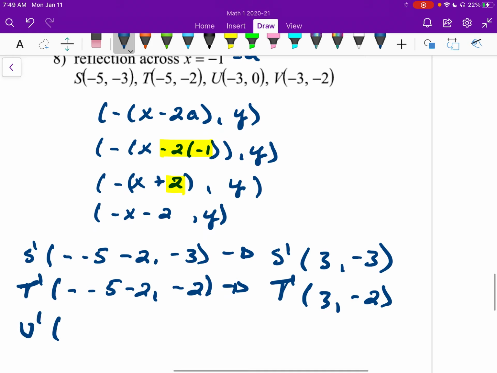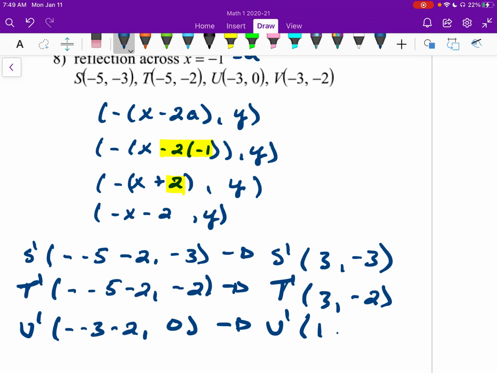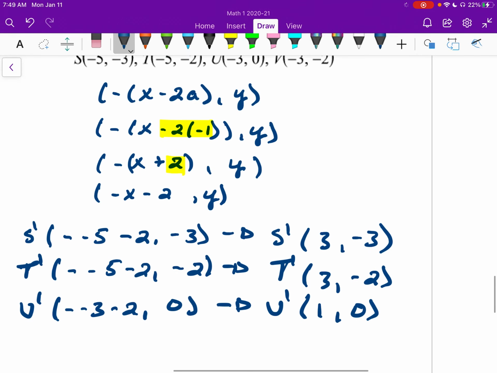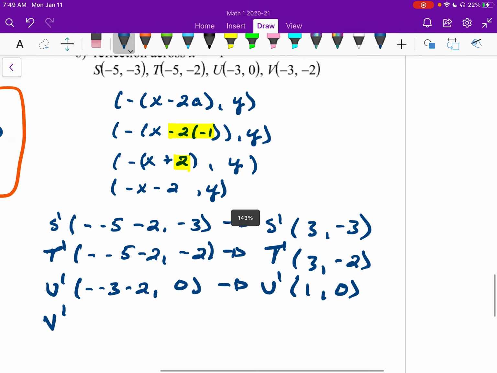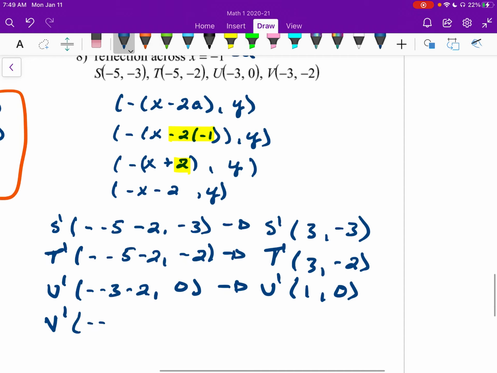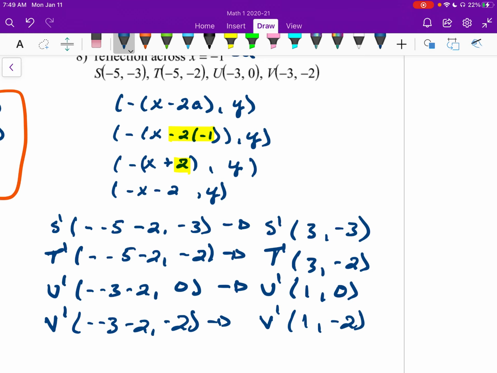U prime will be (-(-3) + 2, 0), so U prime will be at 3 + 2, which will be (5, 0). And lastly, V prime, (-(-3) + 2, -2), which will give me 3 + 2, which is 5, and then negative 2.